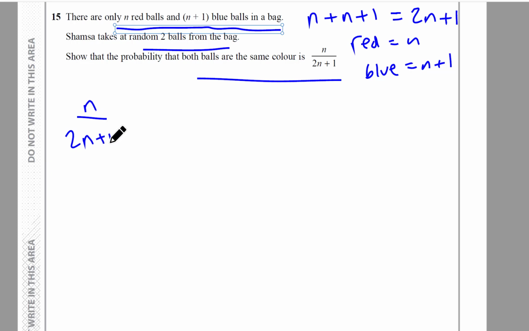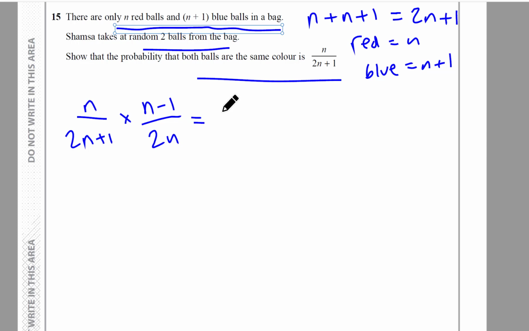That's picking a red ball at the start. So to pick another red ball, well, we've got one less, so we can say that's n minus 1, because we picked out a red ball here and there's one less in the bag, so that's 2n. That's the probability of picking 2 red balls. Let's multiply that together.